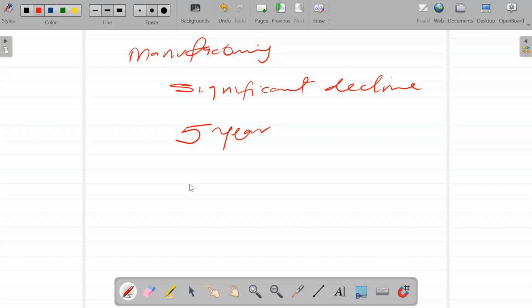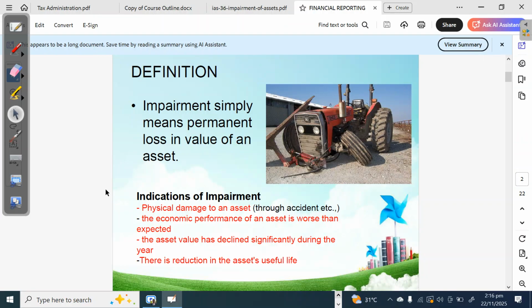But after using it for 1 year, we realized this asset cannot operate for 5 years, and probably we can only use it for 3 years. So which means the asset's useful life has reduced, indicating that there's an impairment.